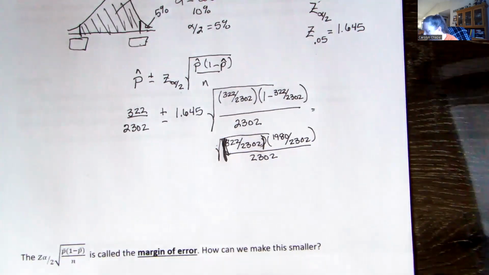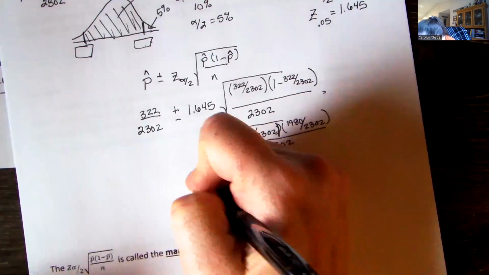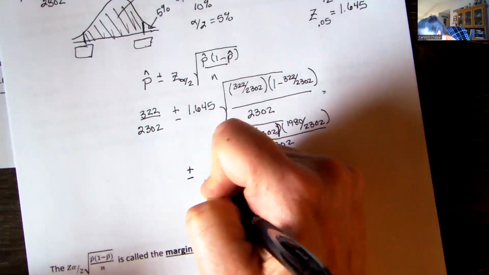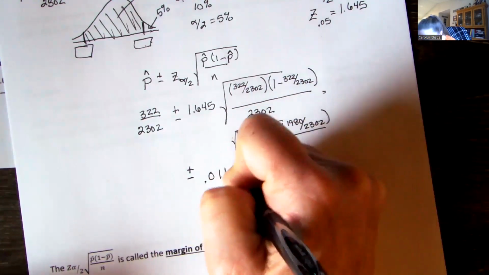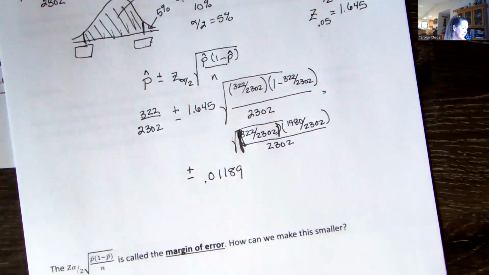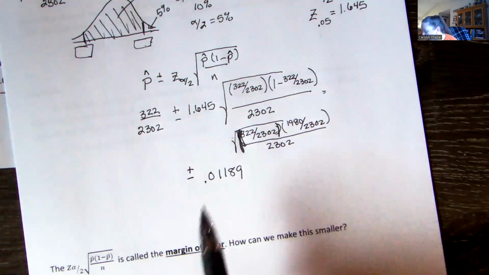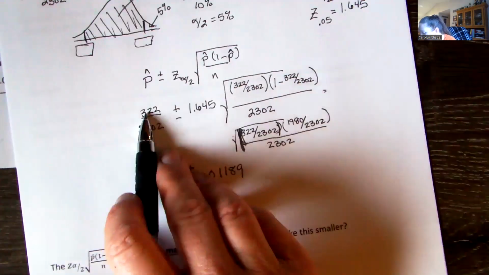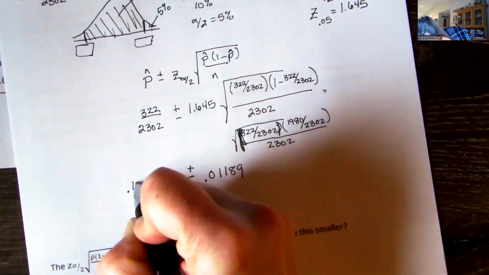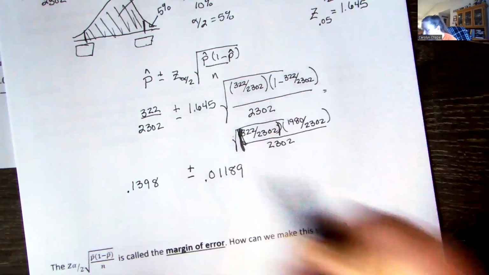So if you're doing this by hand, you should be adding or subtracting about 0.01189. Okay. And I'm going to get the decimal again for this, which was my 0.1398.